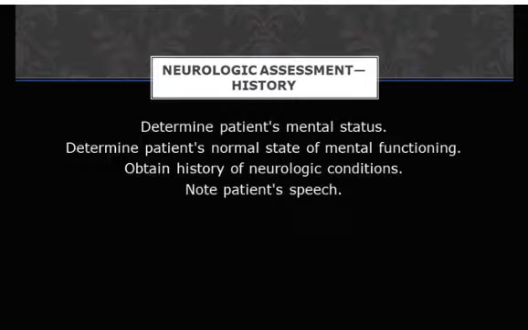So if I've got a patient that has Down syndrome, I would like to know that, because that's going to change everything. Or if I have a patient that has had a traumatic brain injury and they have some deficit because of that, I want to know that going in so I can measure what's normal and what's not.